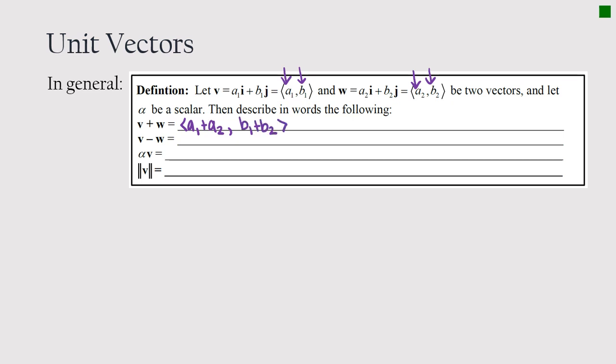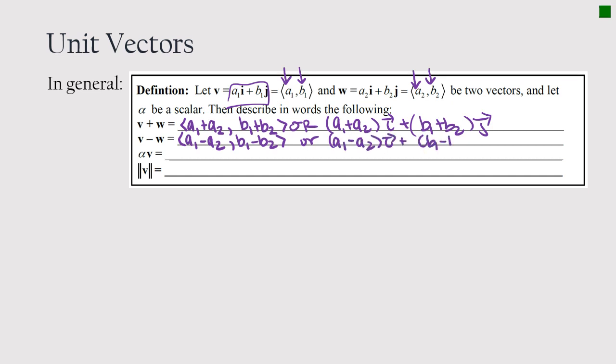If you wanted to write this in this format, it would just be a1 plus a2 i plus b1 plus b2 j. Similarly, if you're subtracting them, like we saw, we subtract the horizontal components together, and then we subtract the vertical components.